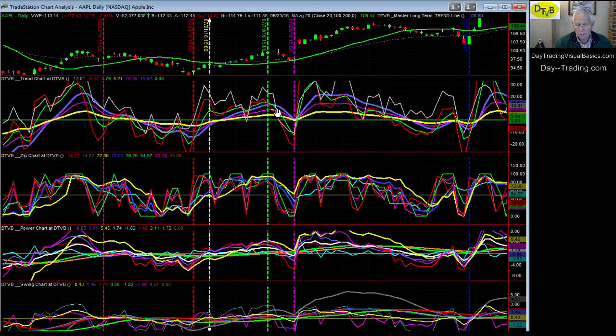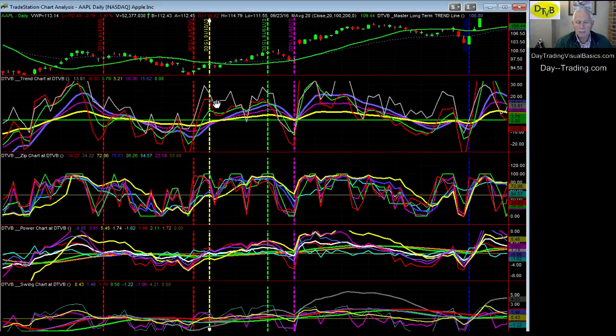Others have similar attributes, but trend red and trend green are really solid a vast majority of the time in their reaction to the price. So when trend red has gone under green, you're heading for a downtrend. When trend red crosses over green, you are heading into an uptrend.